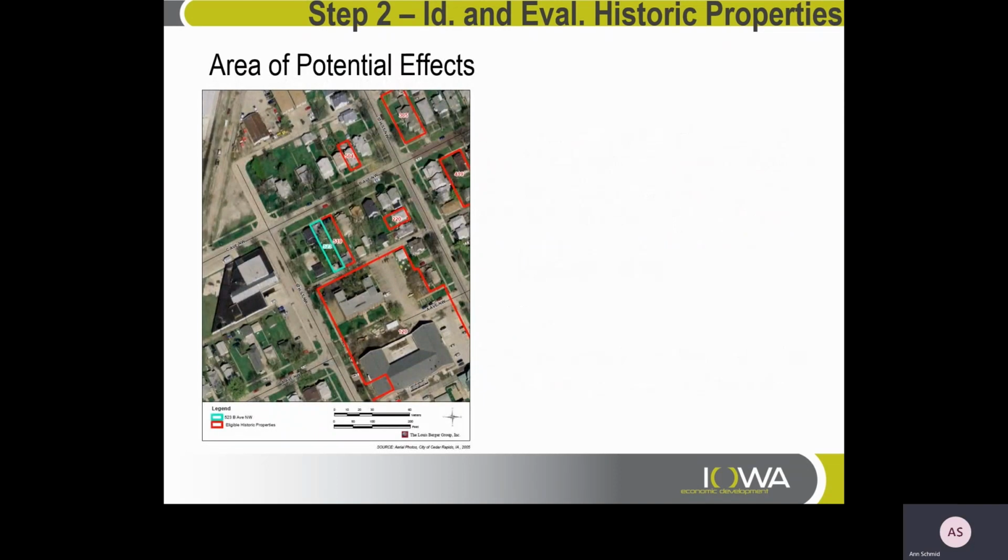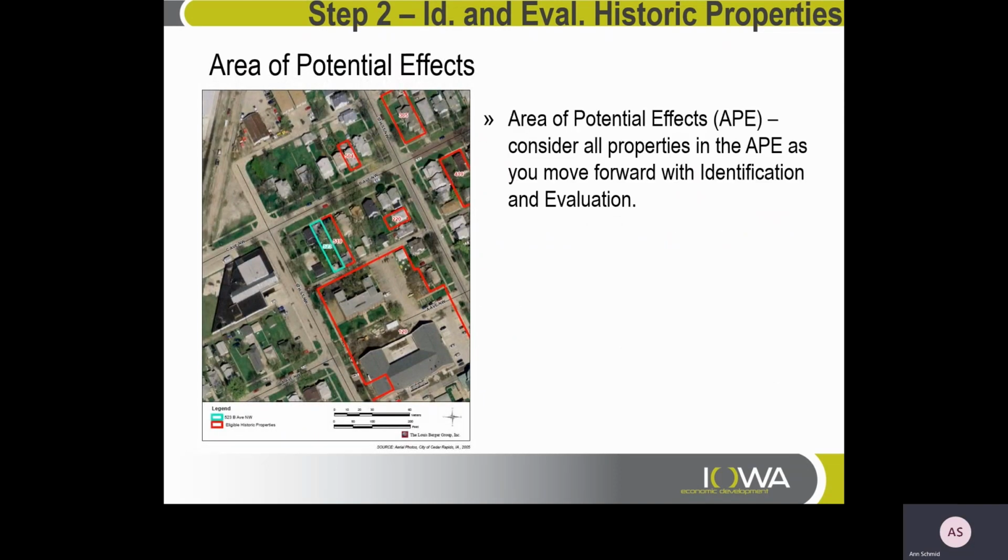As you look at an area of potential effects, it's important to consider all properties in the APE as you move forward with the identification and evaluation. Look left and right of your project location. In this case, our project is located here. Our project may be the construction of new infill housing. Well, that certainly has the potential to affect adjacent properties.